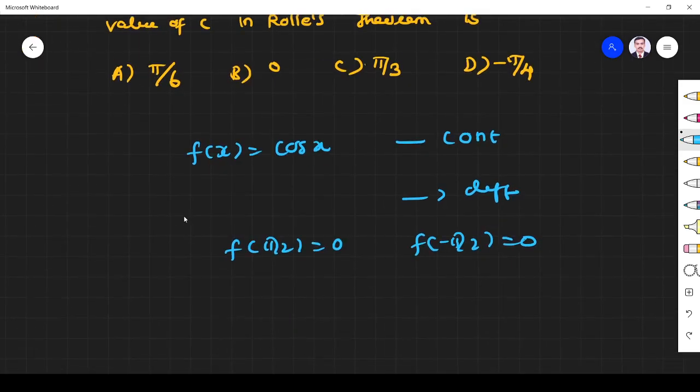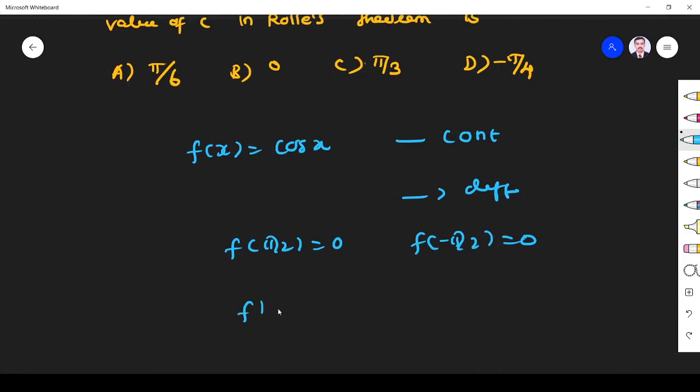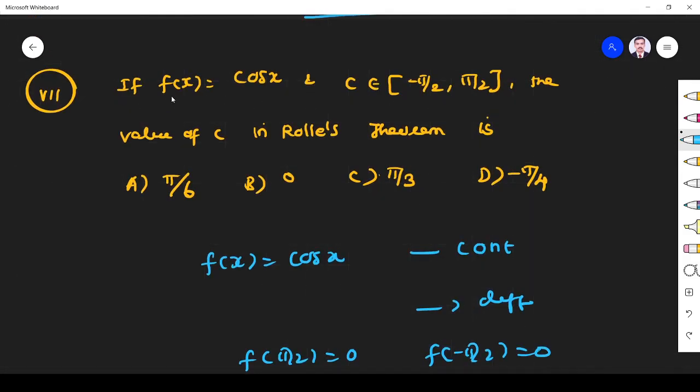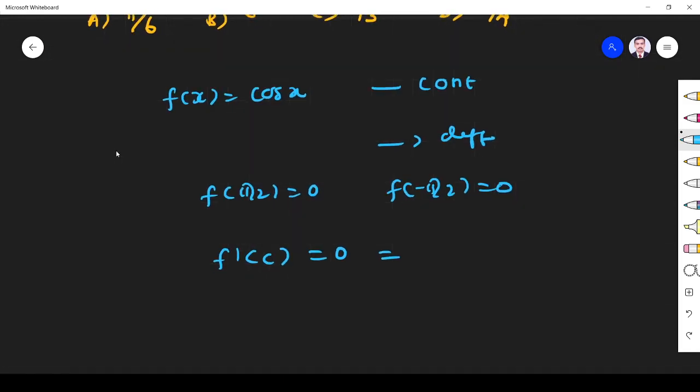What is the condition? There may be some value c that will give f dash of c equal to 0. So what is f dash of c? F of x is cos x. What is f dash of x? Minus sin x. We know f dash of x is equal to minus sin x. So f dash of c is minus sin c, right?